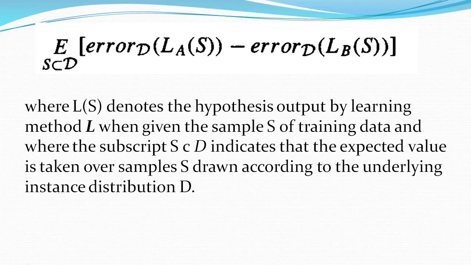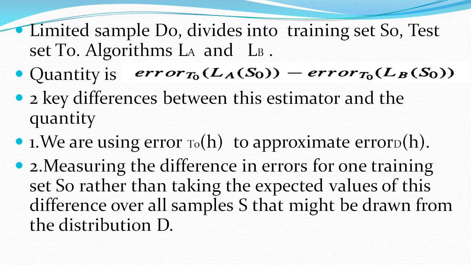We are finding the difference between these two errors on the particular sample belonging to the particular distribution. Here L of S denotes the hypothesis output by learning method L when given the sample S.